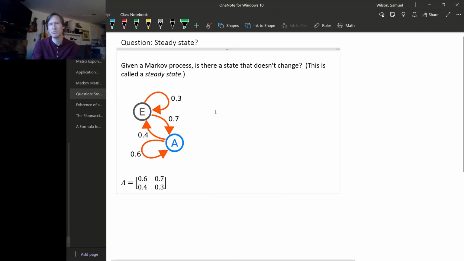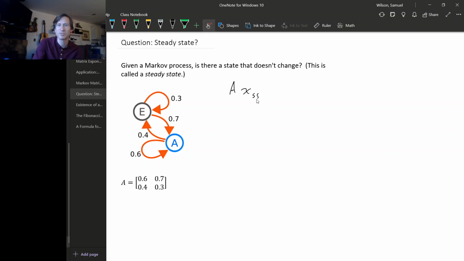So a steady state would be a state that doesn't change. Right, if we had such a state, I'll use the subscript S for steady state. Right, we want to know, is there a steady state? So is there a state so that when you multiply it by our transition matrix, you get exactly the same state back?